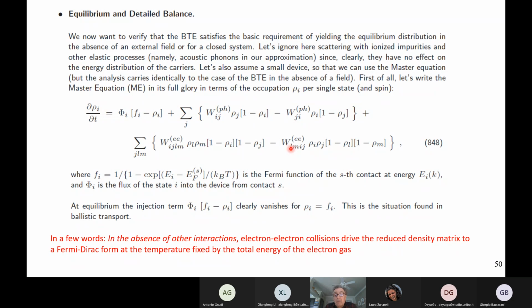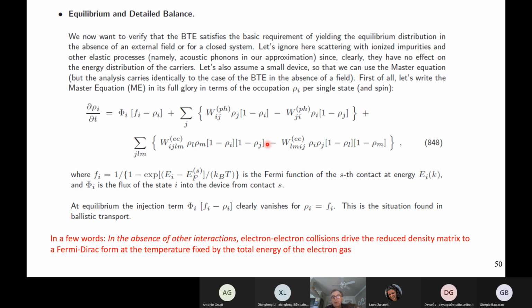In principle, if I start from an initial condition in which I have a given total energy of the system, it will evolve towards equilibrium, according to d rho I dt equals just this last term on the right-hand side, at a temperature which is consistent with the initial energy that I had.